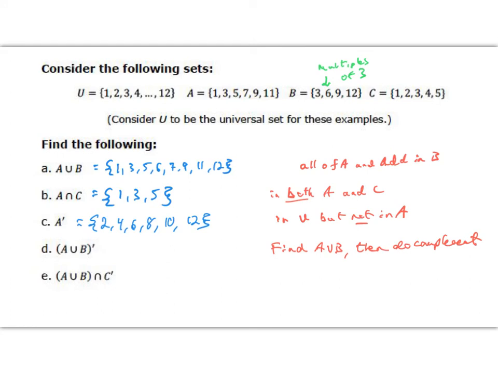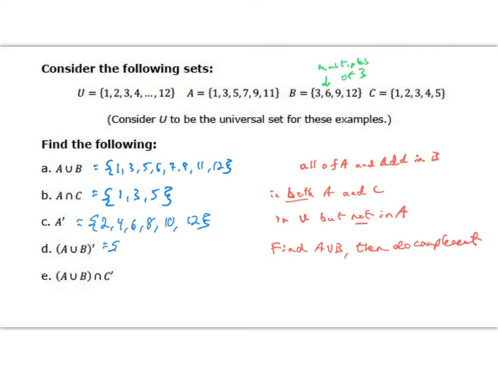Okay, so when it comes to finding the union, lucky for us, we've already done that. That's up here in part A. We've already found what the union was. So now, to find the complement of this union, I need to think about all the numbers that are in U that are not in this set right here.